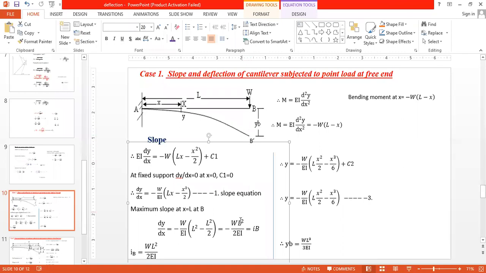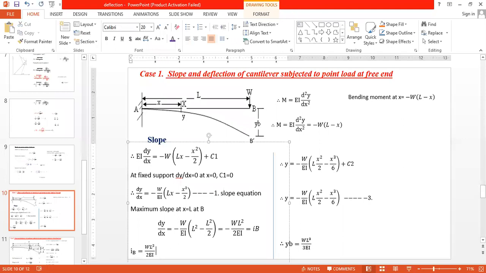Now we are not considering this negative sign because it is an angular displacement, in radians. So we are taking the positive value, and it becomes theta B equal to WL square divided by 2EI, and this is in the downward direction.